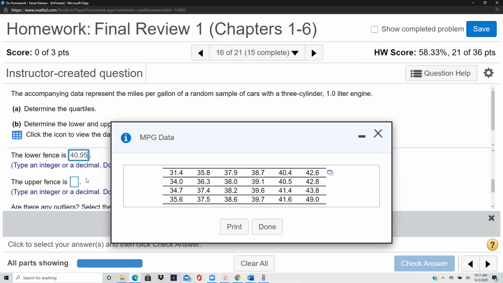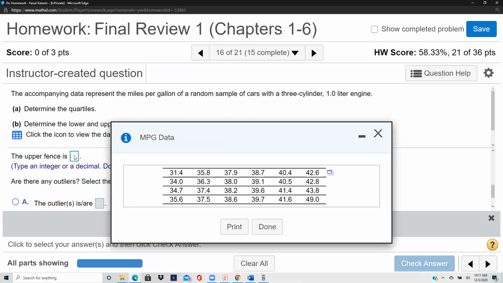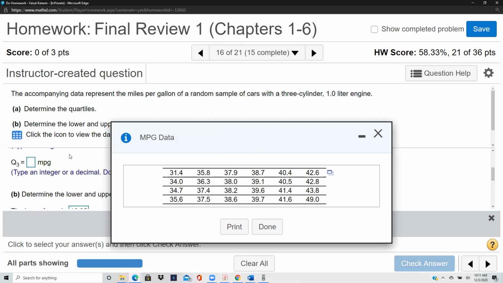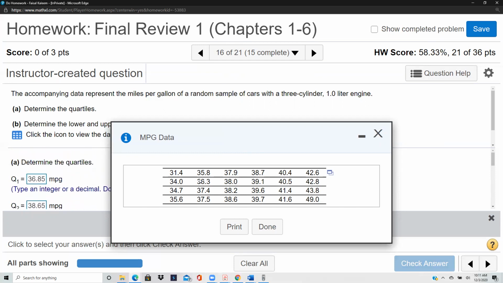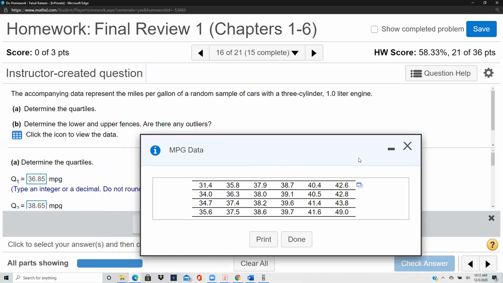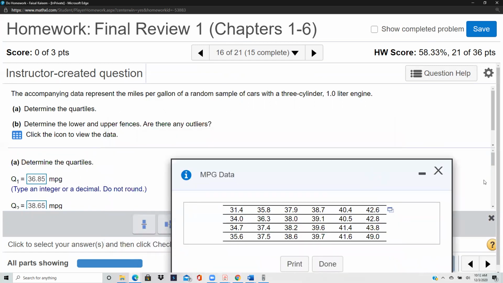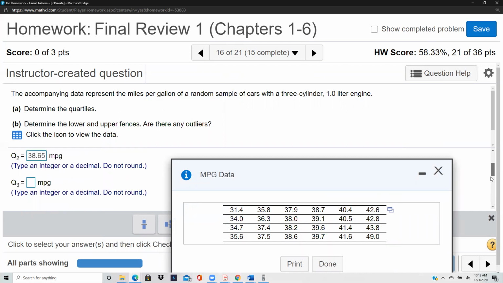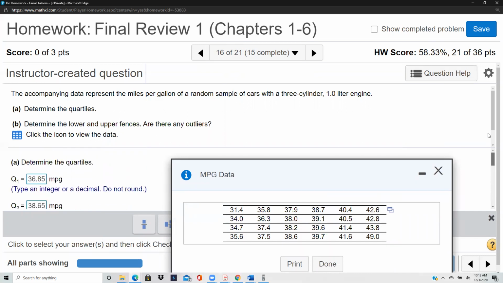Does StatCrunch also do the fences? I don't think so. So, do we have to remember that formula for the lower fence and upper fence?